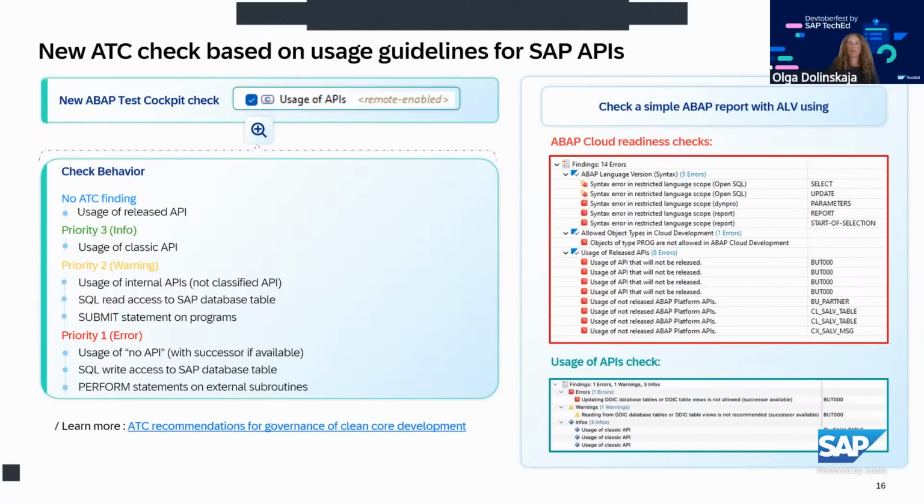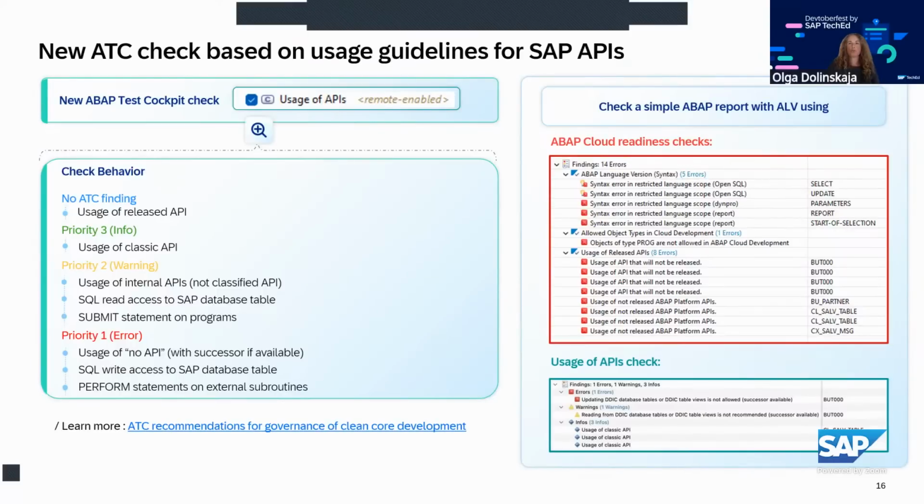The ATC findings are reported as follows: for usage of released APIs in custom code, no ATC findings are reported, so you are fine. You are absolutely ABAP Cloud compliant in your code and also Clean Core compliant. For usage of SAP Classic API, the check will report the info message.